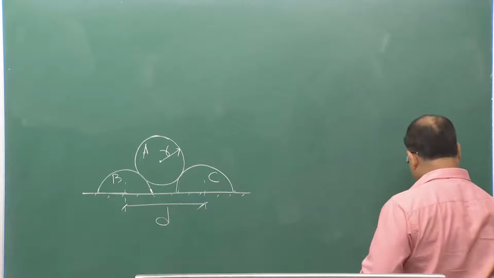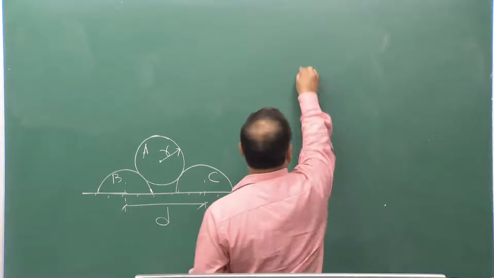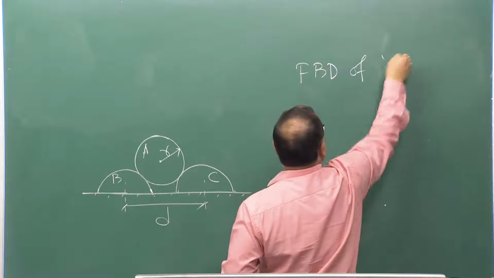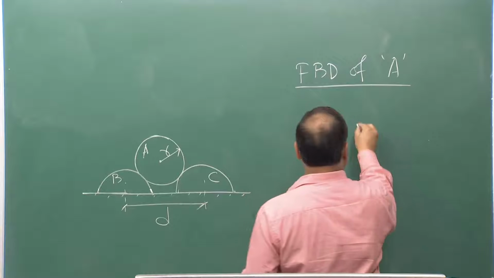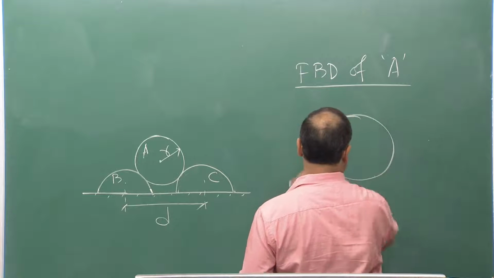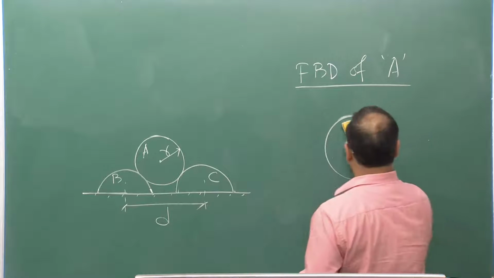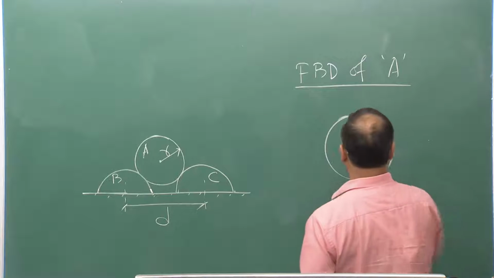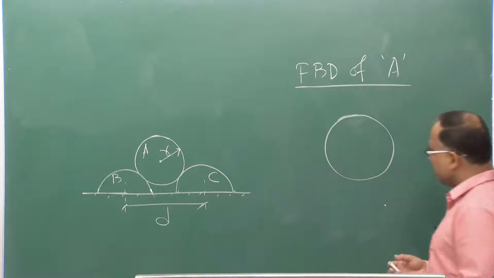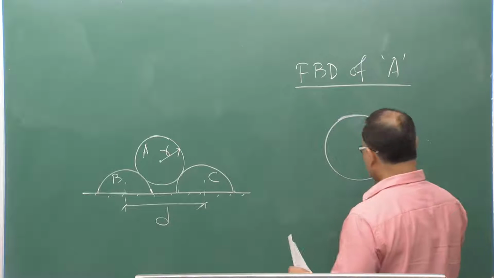Let us draw the free body diagram of cylinder A. So, FBD of cylinder A. This is the cylinder. I hope it looks like a circle.